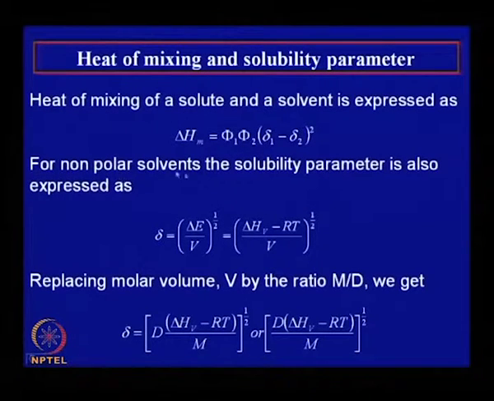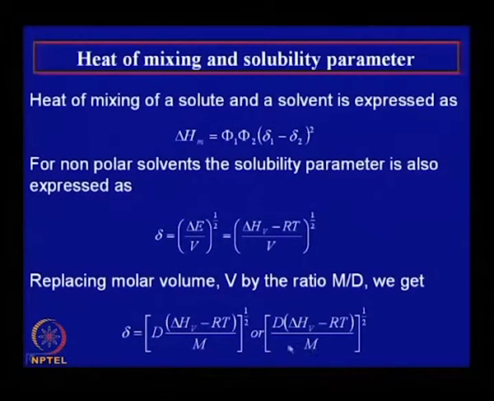Now, for non-polar solvents, the solubility parameter is also expressed as you have seen earlier, from the heat of evaporation per unit volume, then delta is equal to the square root of (delta H v minus R T) by V. Replacing this molar volume V by the ratio m by d, we get this relation.